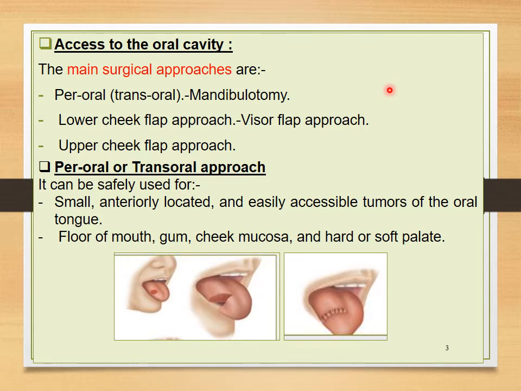The peroral or transoral approach is a safe procedure, especially for small, anteriorly located, easily accessible tumors of the oral cavity. But if the tumor becomes large and disseminated, peroral is no longer effective. It is also used for small tumors in the floor of the mouth, gum, cheek, and soft palate.